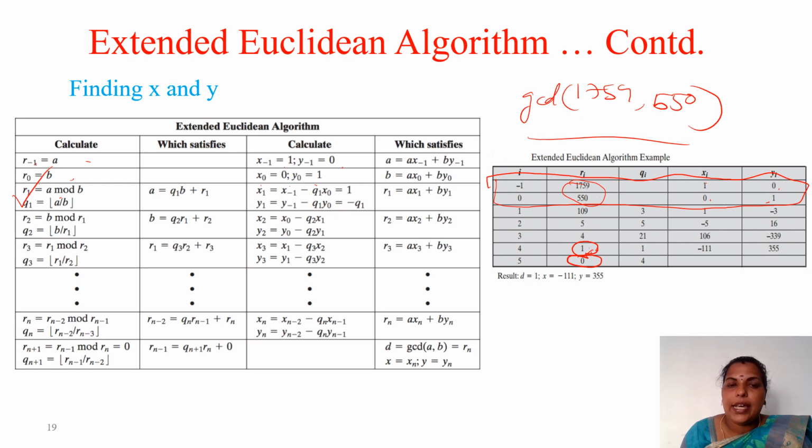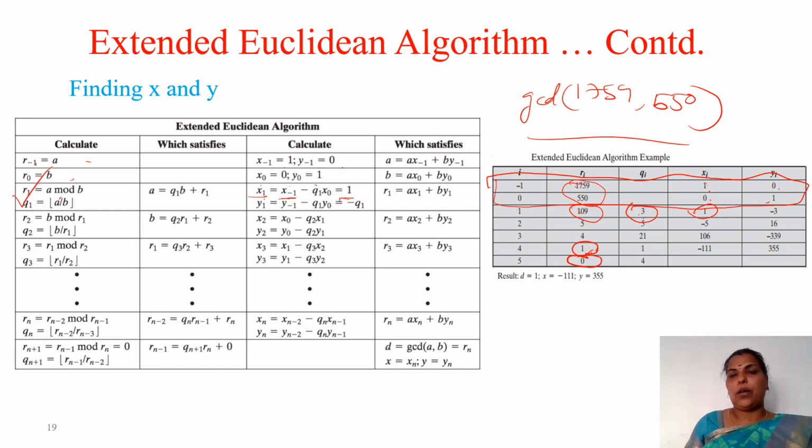r_1 equals a mod b. Here you see, 1759 mod 550, and we are getting the answer 109. And what is the quotient? It is 3. So how are we finding the x_i and y_i values? This formula you have to apply. x_1 equals x_-1 minus q_1 times x_0. Already you know the x_-1 value, q_1 is 3, and x_0 is 1.